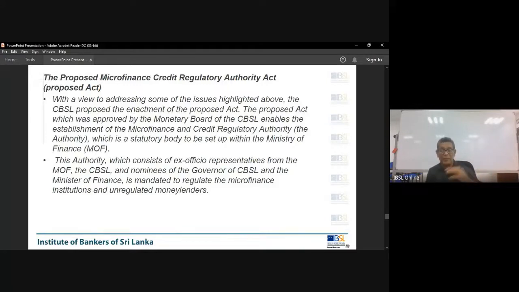There must be representatives from the Ministry of Finance and the Central Bank of Sri Lanka, and nominees of the governor as board members. But they propose we may have a Microfinance Credit Regulatory Authority Act in future.